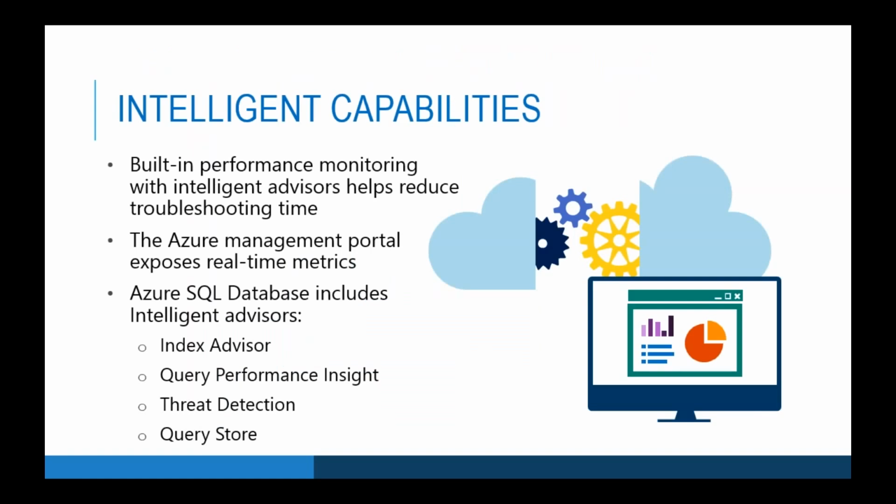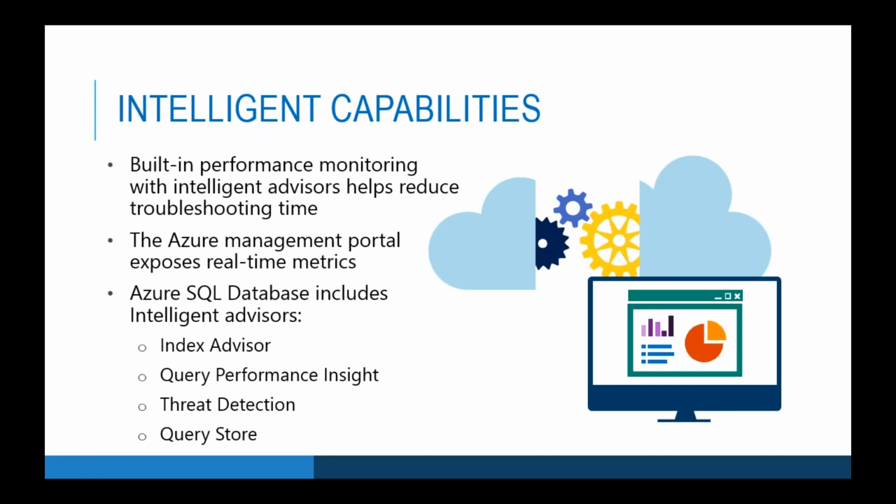Another thing is very important to mention: some of the intelligent capabilities that the Microsoft Azure SQL database has. Some of them, like query performance insight, threat detection, and index advisor, you will not have on premises, because on premises you do not have additional services that Microsoft is using for that.